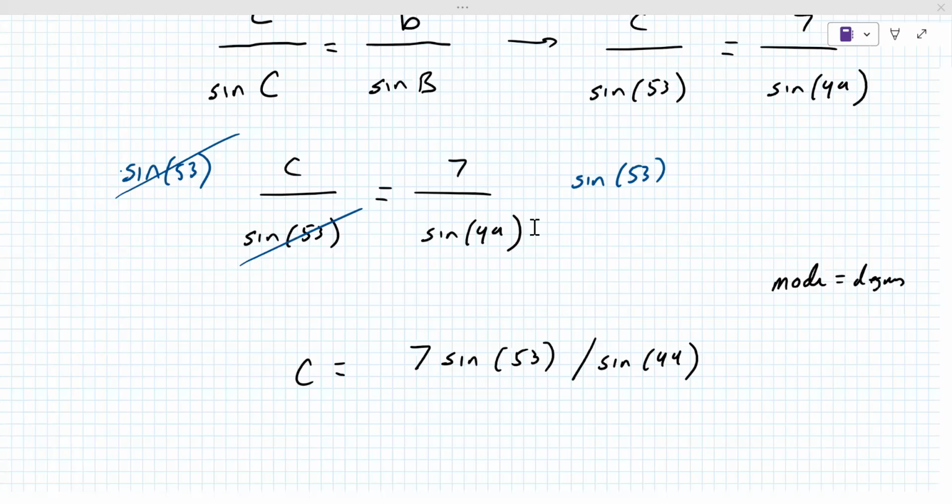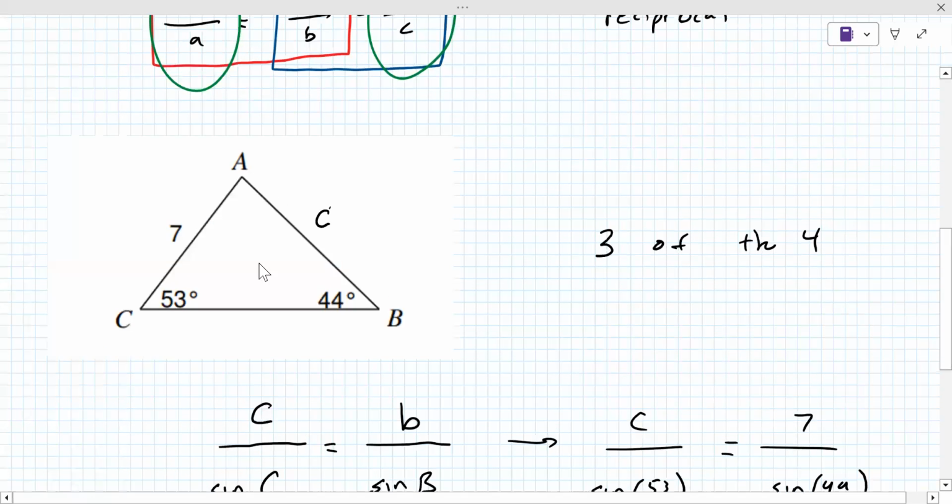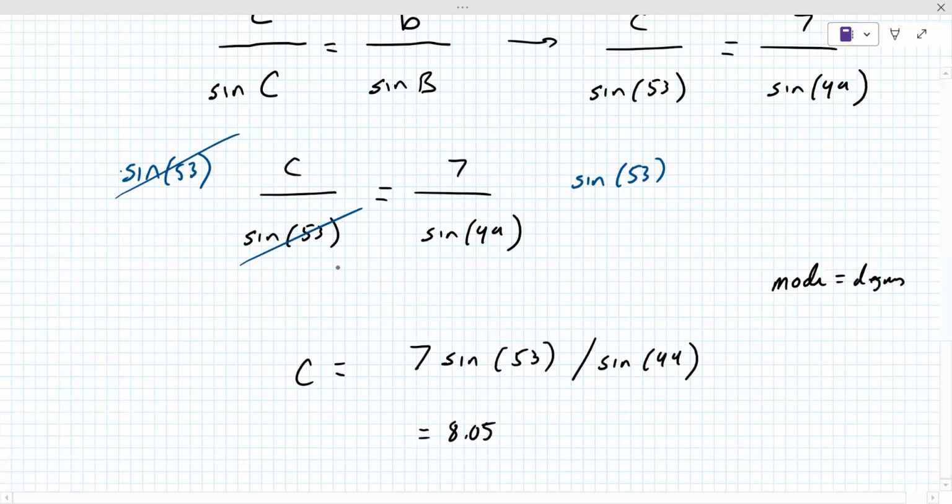I got 8 this time. Yeah, 8.05. I didn't do it right the first time. That's okay. We're doing practice. So sometimes they tell you it's in meters. You're like, okay, so my answer is in meters, if that is the case.